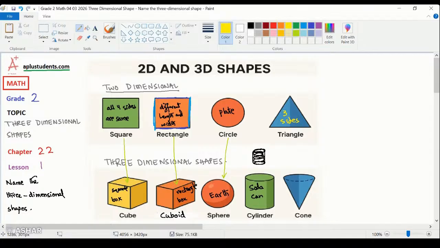The difference between two-dimensional and three-dimensional shapes is that many two-dimensional shapes combine together to make a three-dimensional shape, right? Like I gave you an example of a room. How many surfaces are there in the room? When you are sitting in a room, you can see a wall in front of you, a wall behind you, a wall on the right side, and on the left side, right?